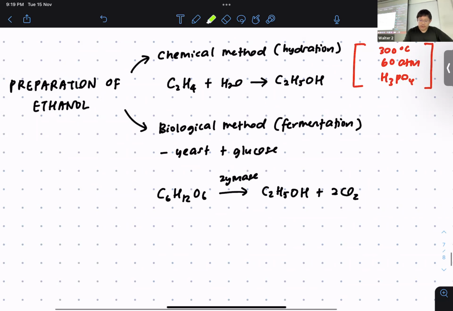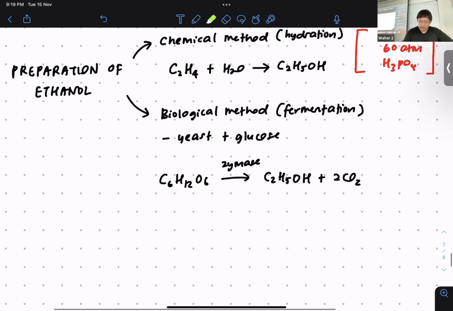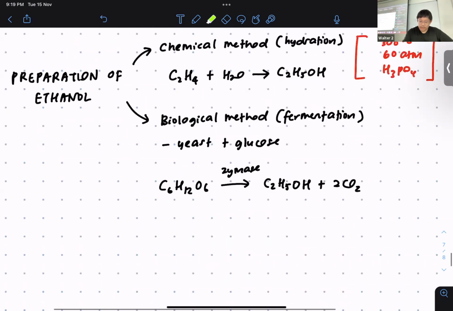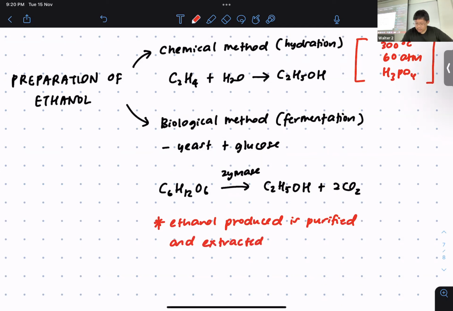Okay, so of course, since you mentioned it, I want to put it over here. Ethanol produced is purified and extracted using fractional distillation.